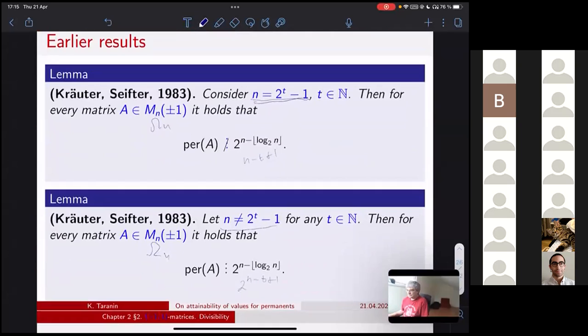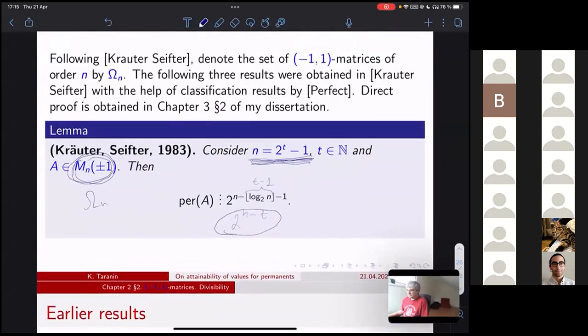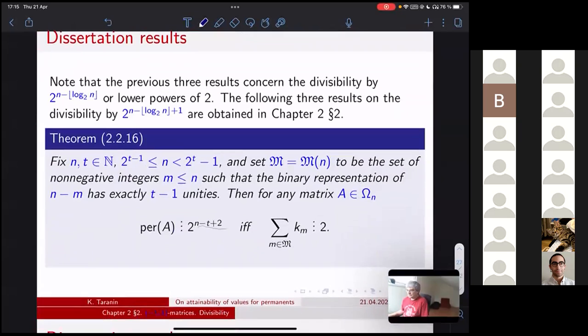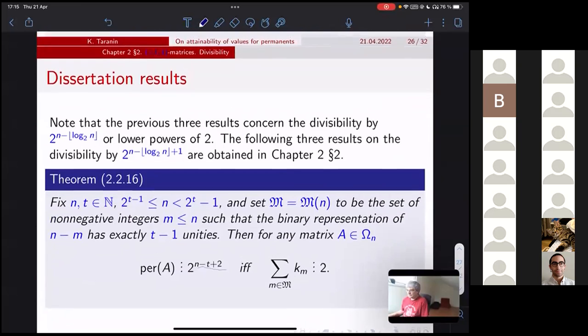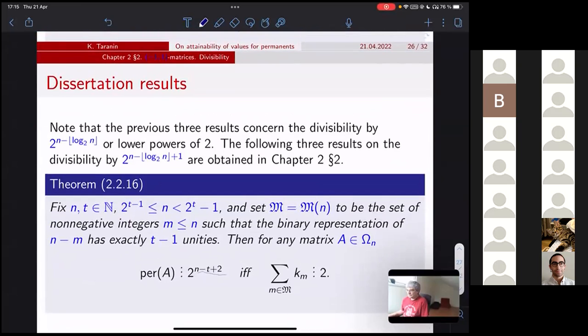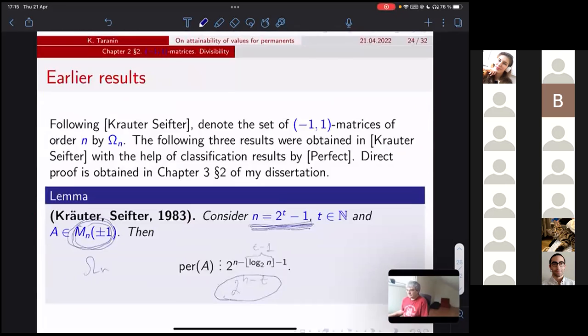And apart from proving these results directly, I have also shown that the permanent of a matrix from Omega n is divisible by 2 to the power n-t+2 if and only if the sum of certain k_j, remember that formula.